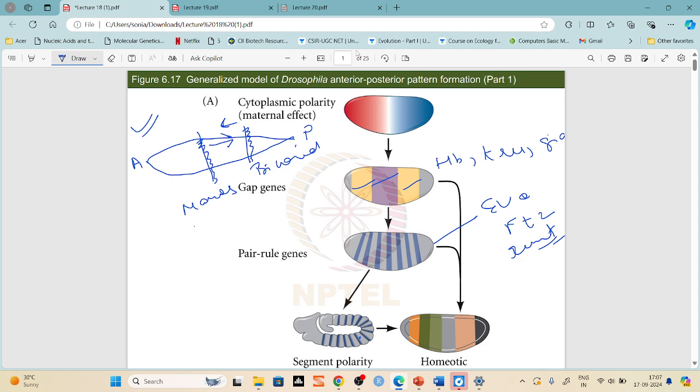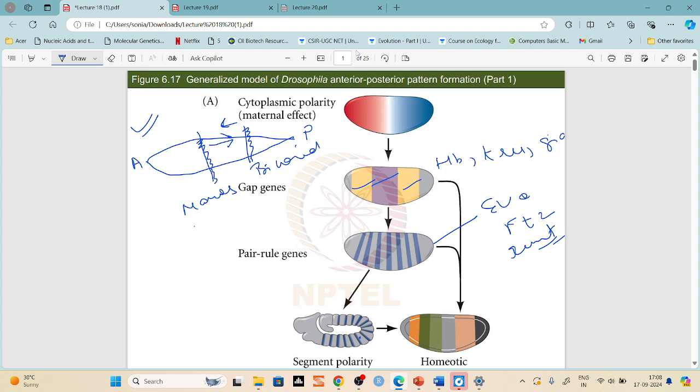Basically, segment polarity genes define the anterior posterior polarity within each segment and ensure proper boundary formation between them. So within each segment also now there would be anterior posterior polarity given by the segment polarity genes, and it leads to even finer subdivisions.